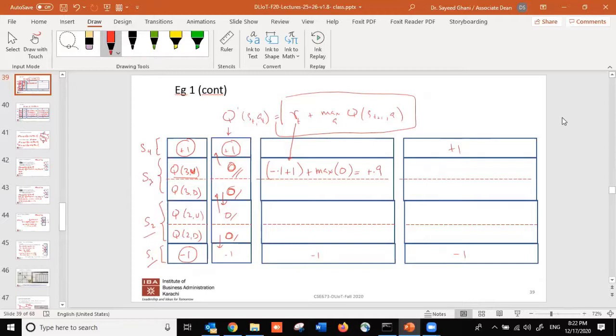Minus 0.1, and now we're taking the maximum value of the next state where we're going. So we're going over here, and we're going to take the maximum value of the Q values in both of these states. What's that? 0. It's the maximum of 0 and 0, right?